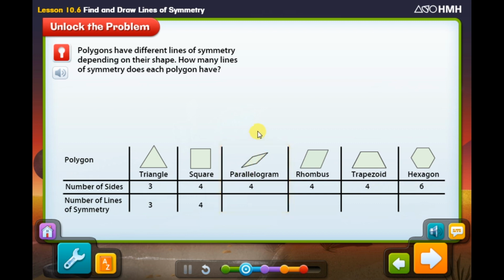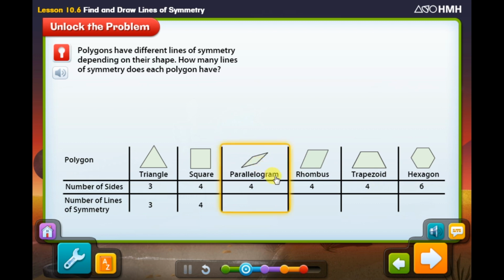Can I put a vertical line of symmetry? No, it will not give me two similar sides. Okay, make it horizontally, also the same. So, make it diagonally, it will give you two similar triangles, yes.